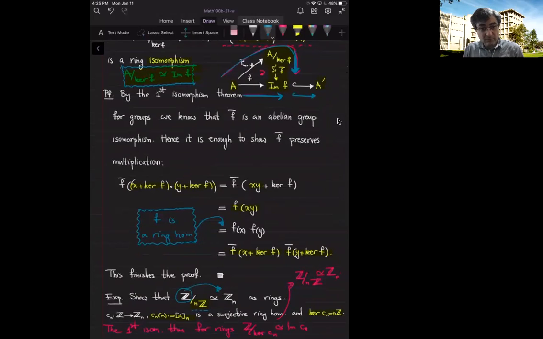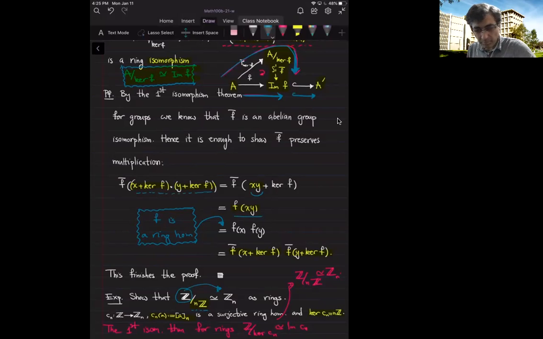This means I have to check why F bar of the product of two cosets is F bar of each one multiplied. F bar of (X plus kernel of F) times (Y plus kernel of F). When I multiply these two cosets, the way that multiplication of cosets is defined is by multiplying the coset representatives and then looking at the corresponding coset. That means I get XY plus kernel of F. And F bar of this coset is defined to be F of XY.